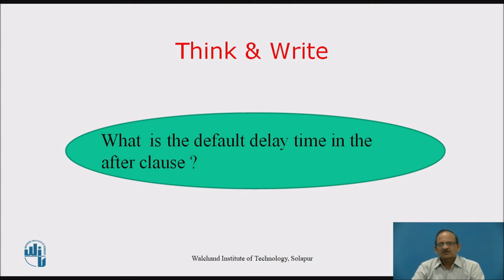And of course, whenever the delay specified is a delta delay, then you cannot have the rejection pulse width, because the condition is that the reject pulse width must be smaller than the delay time.